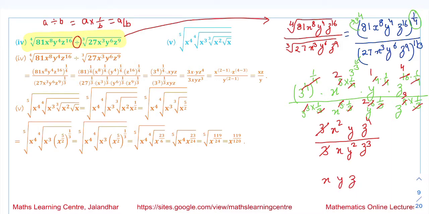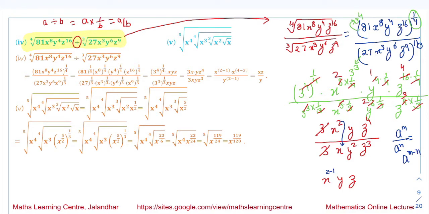So when we are talking about these terms, it is x square over x. It means it is x raised to the power 2 minus 1, because we know that a raised to the power m over a raised to the power n is equal to a raised to the power m minus n.